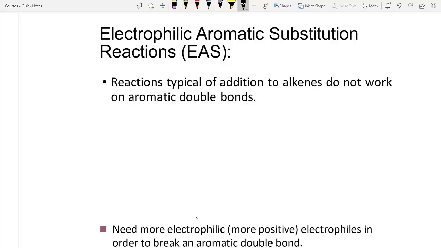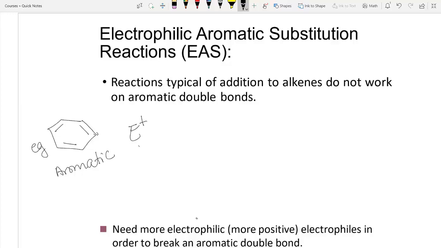And we'll get to that, and we'll talk about what that reaction is later on. But the typical reaction of electrophilic aromatic substitution we're going to draw as a generic reaction. So you take your aromatic molecule, and in this case we're going to use benzene as our example. This is not the only aromatic molecule we can use.